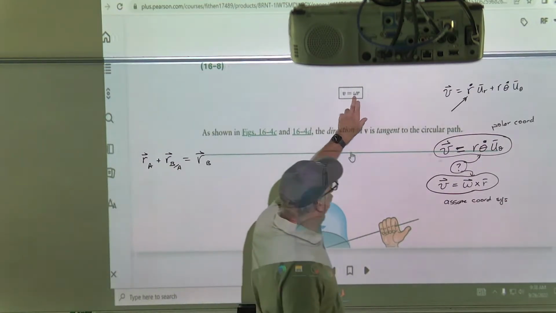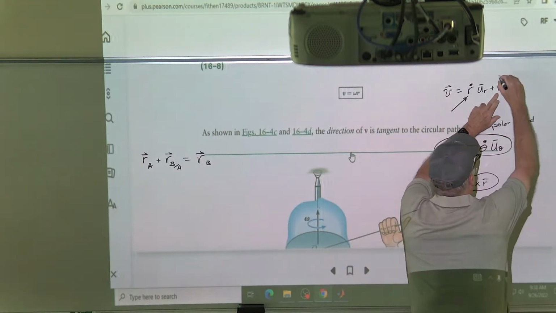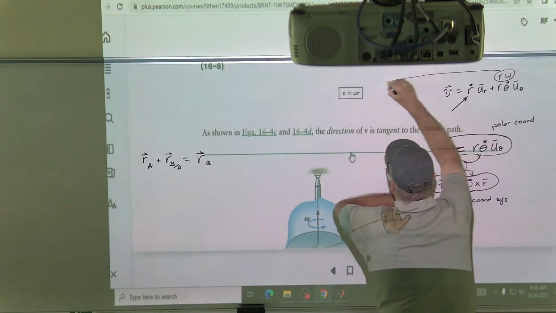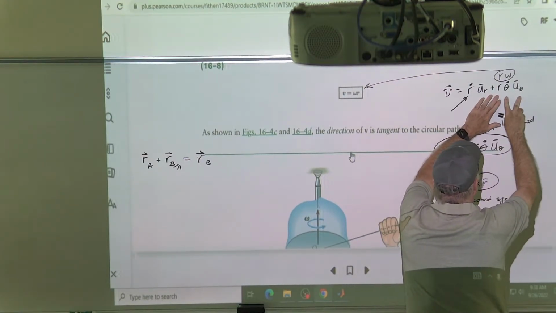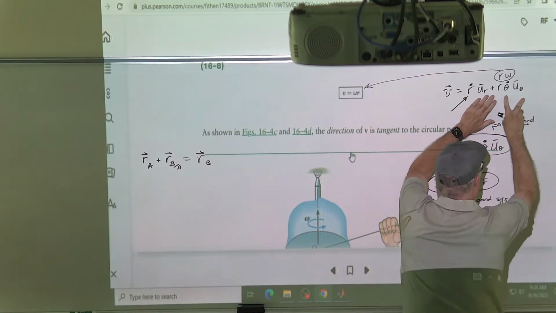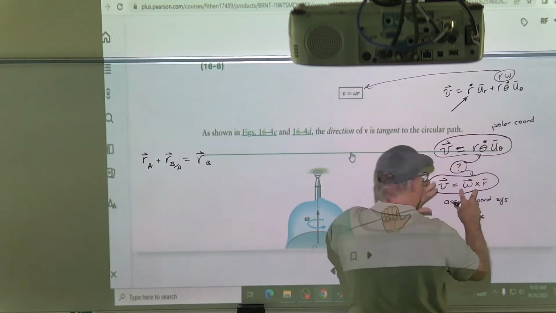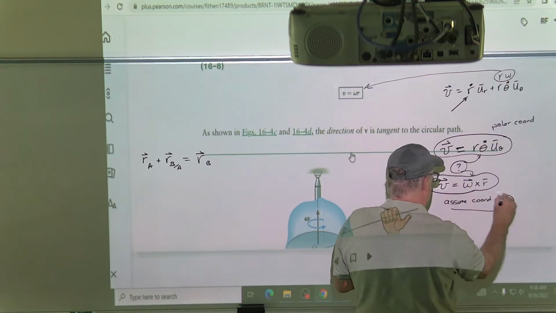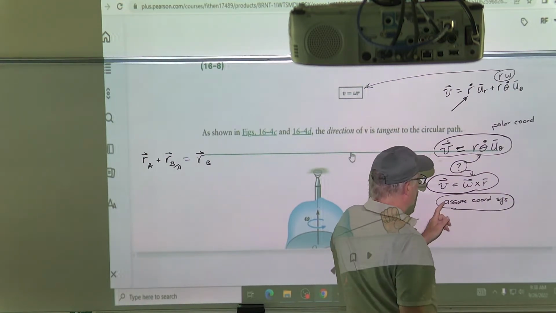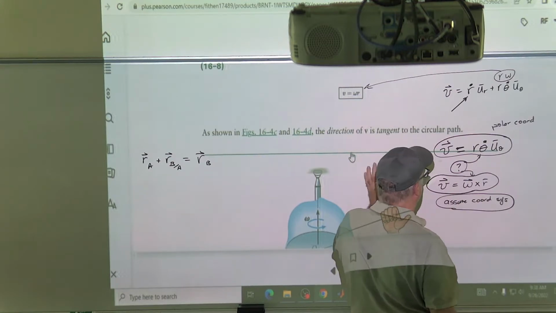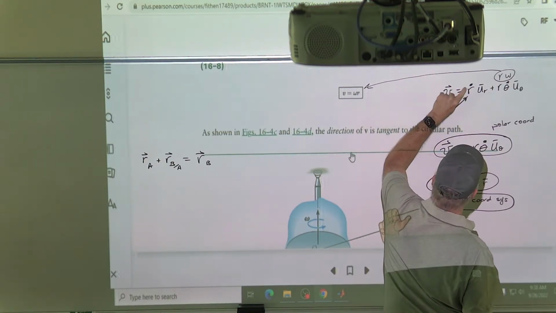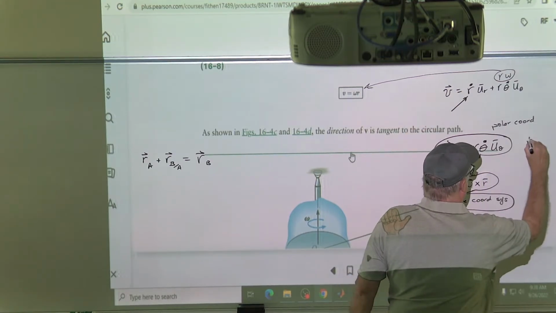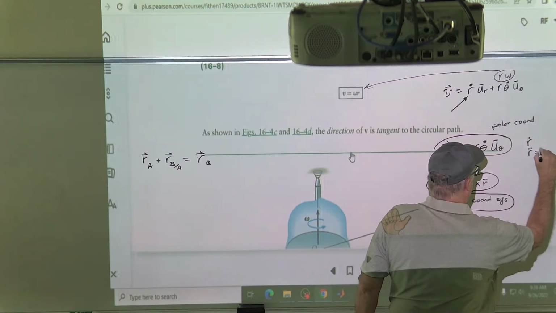So omega R, if this is R and this is now replaced with omega, then that and that are the same thing, i.e. polar coordinates cover all this, but they're stuck in polar coordinates. We're going to unstick ourselves from polar coordinates and move back to any coordinate system. Everything you see of polar coordinates, take the r dot and the r double dot and set them equal to 0.